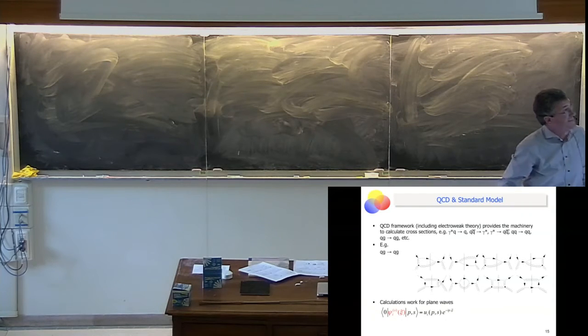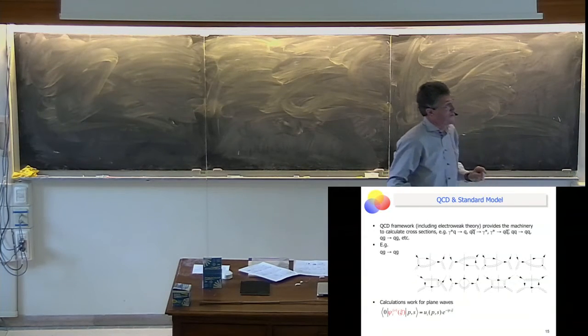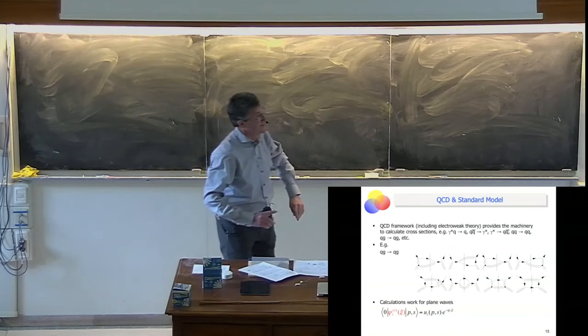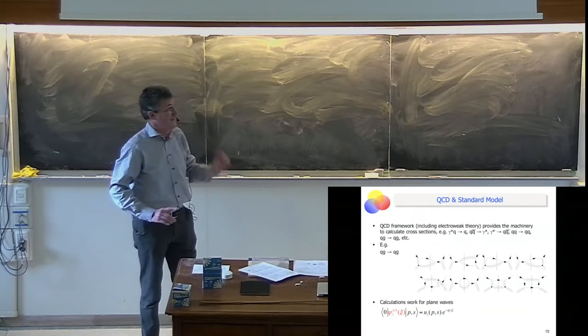The left-hand side is essentially one diagram in which your quark exchanges a gluon with a gluon, or your quark absorbs the gluon, so it goes quark gluon to quark gluon. That's the amplitude. And now you square it, and this is the squared amplitude. And then, of course, you get more diagrams, among others these diagrams in the squared amplitude.